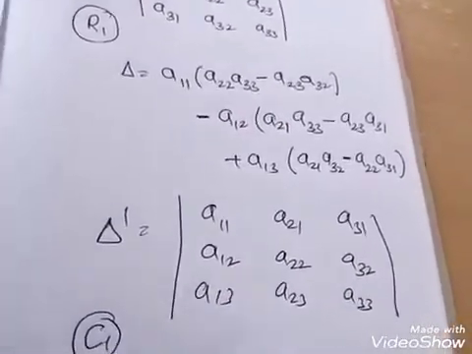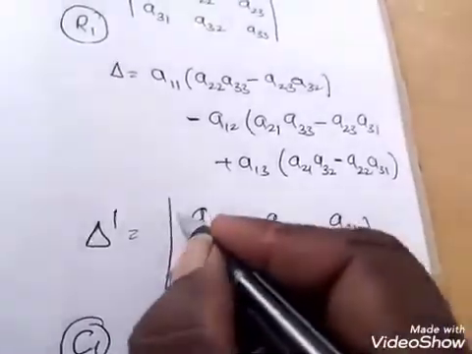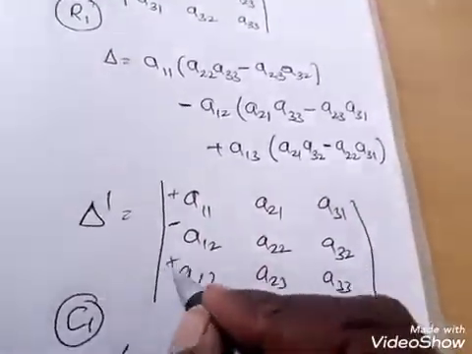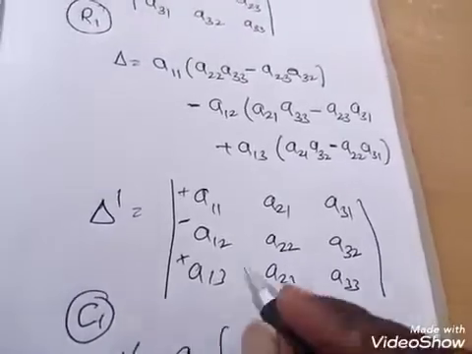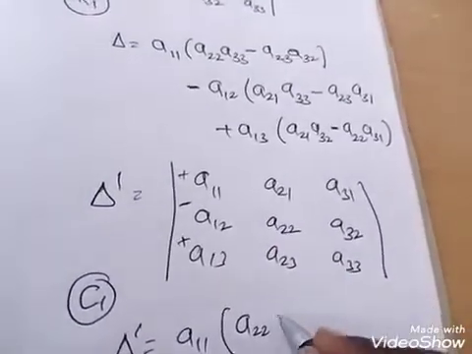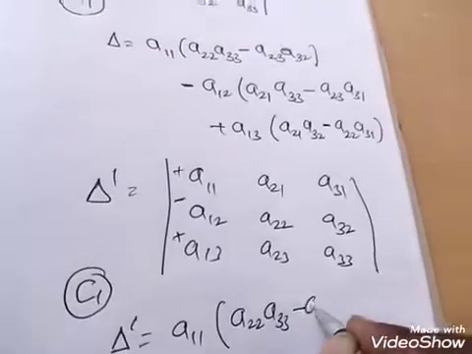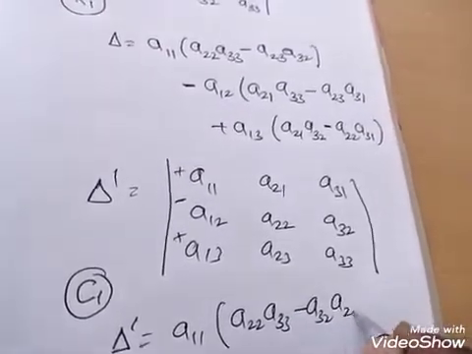Delta dash is equal to A11 into, signs plus, minus, and plus. Now A11 into what are you going to get? A22 A33 minus A32 A23.